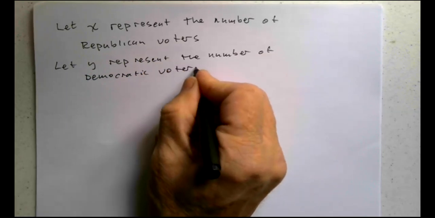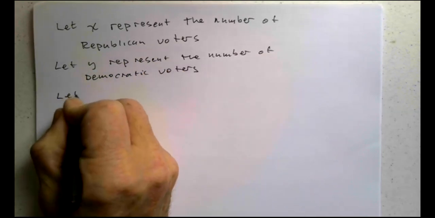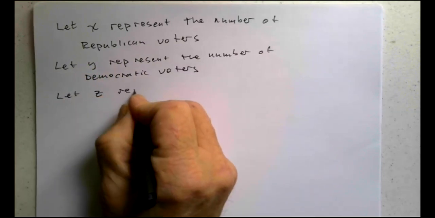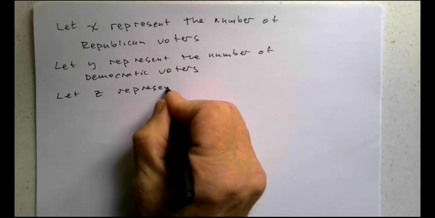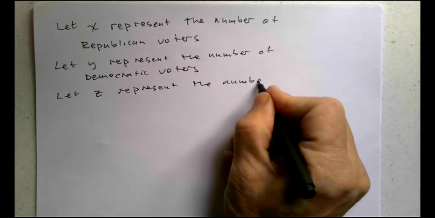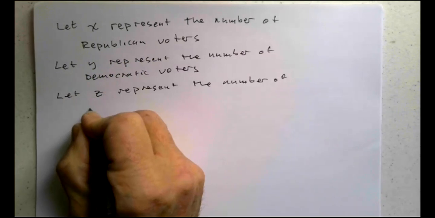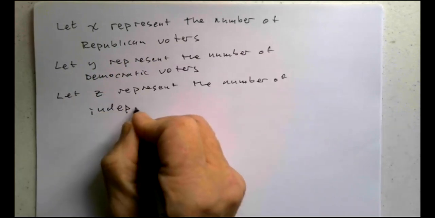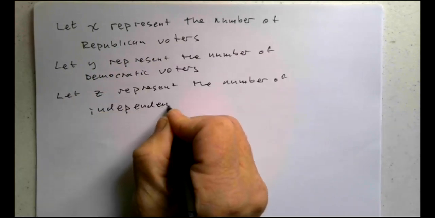And we'll let Z represent the number of independent voters. So we have successfully defined the variables. That's what we're trying to solve.